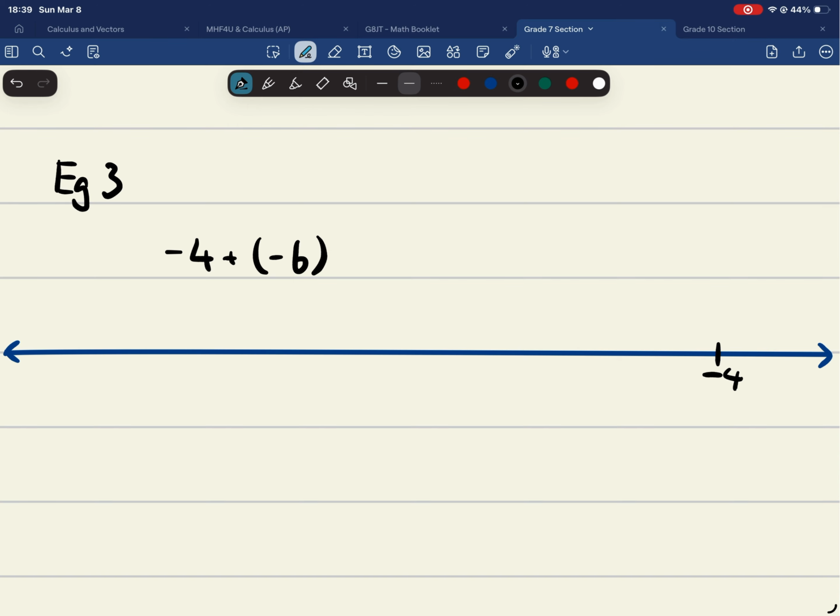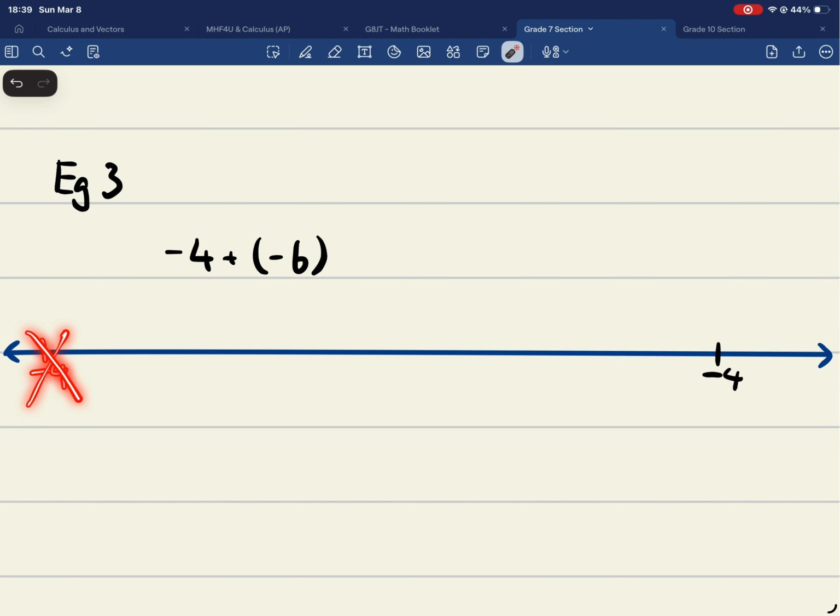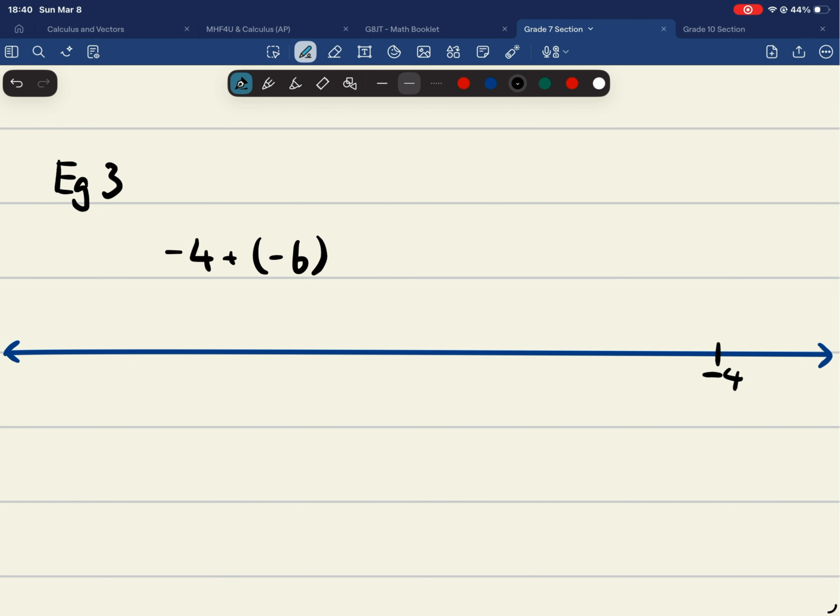So we shouldn't draw a 4 here, a -4 here, because we're subtracting 6. So we should be drawing it here, negative 4. And this actually equals negative 4 minus 6. So, if we count, we'll count negative 5, negative 6, negative 7, negative 8, negative 9, and lastly, negative 10. So this actually equals negative 10.